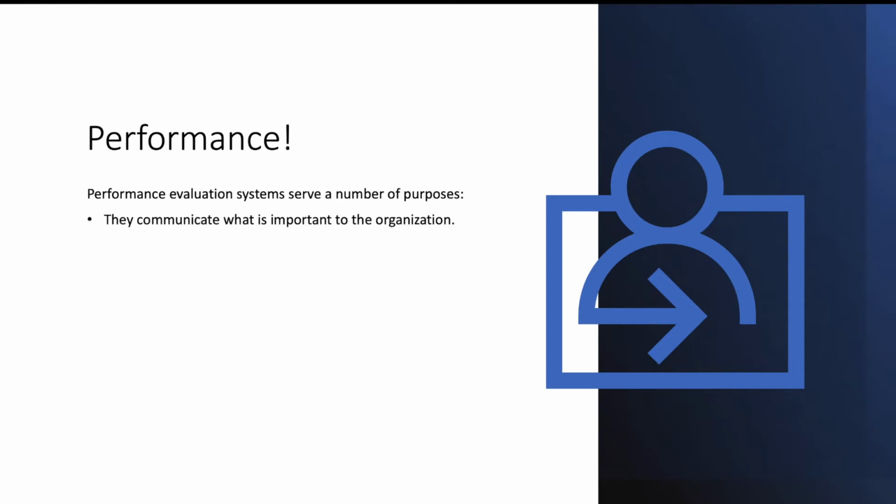When we say execution of an action, then in the organization scenario, how are we going to measure that? Performance evaluation systems serve a number of purposes. What are those purposes? One, they communicate what is important to the organization. They outline what the organizational expectations are.